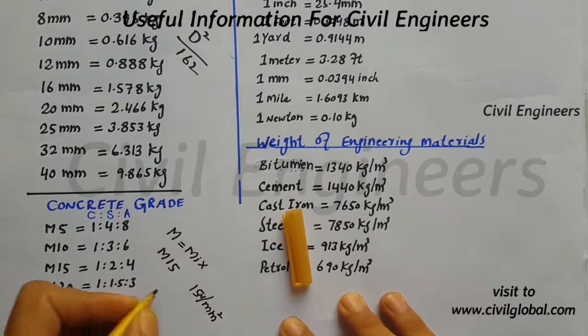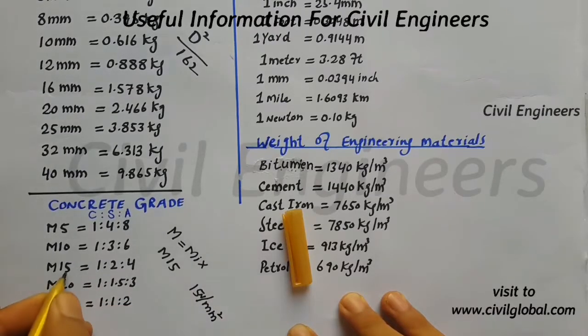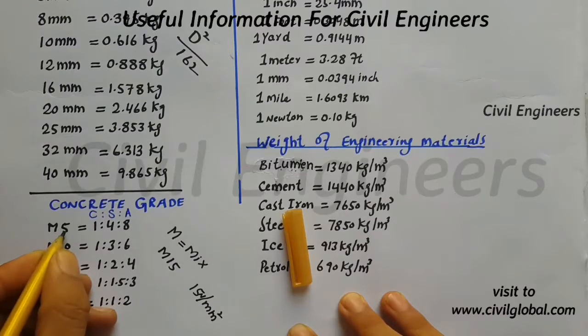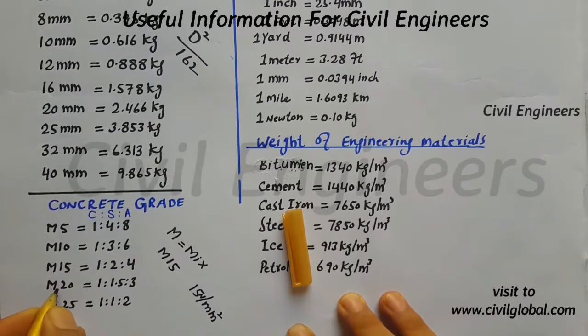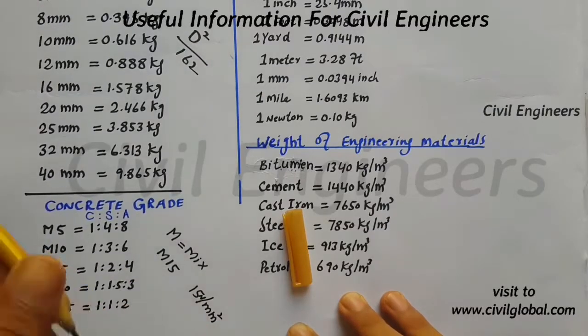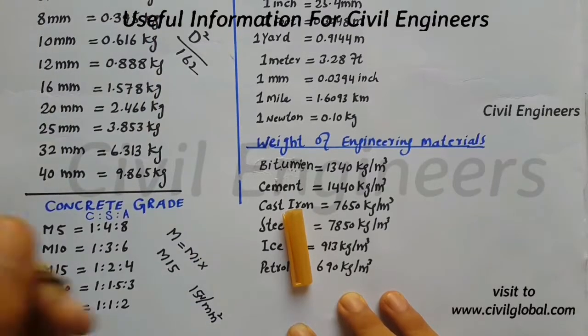So this is the strength of concrete for M15, 15 Newton per mm square. And M20 means 20 Newton per mm square is the strength of the concrete after 28 days, right?